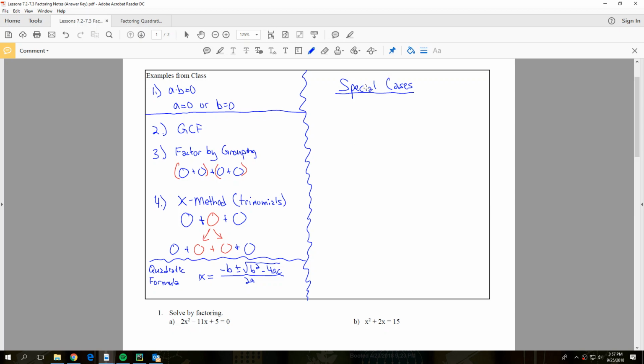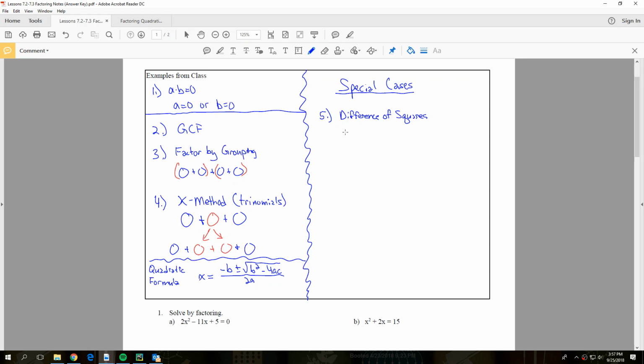All right, now let's talk about some special cases for factoring. The first big one here is the difference of squares. So I'm just going to put number 5 here, and we're going to say difference of squares. What do I mean by a difference of squares?